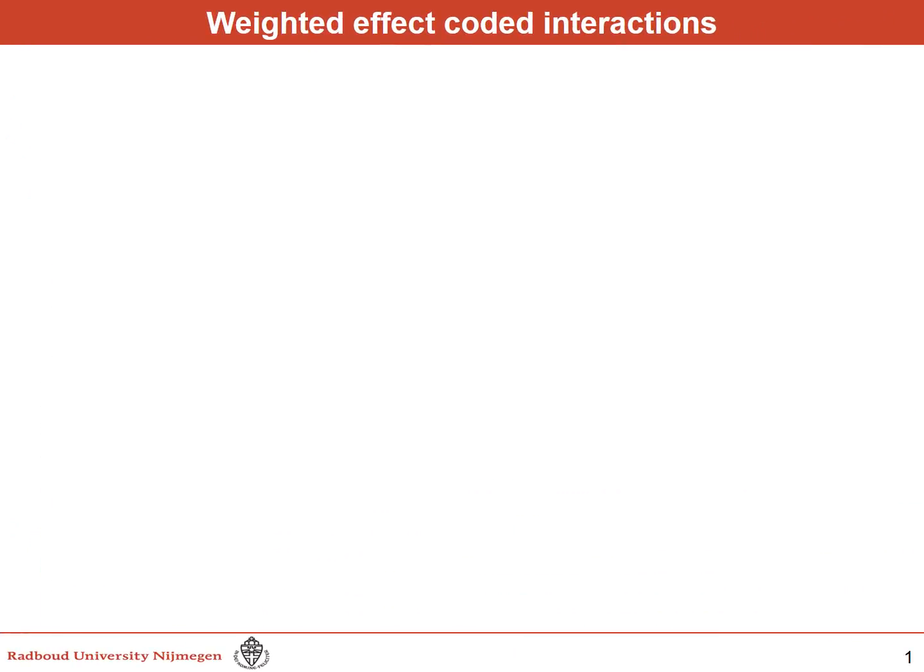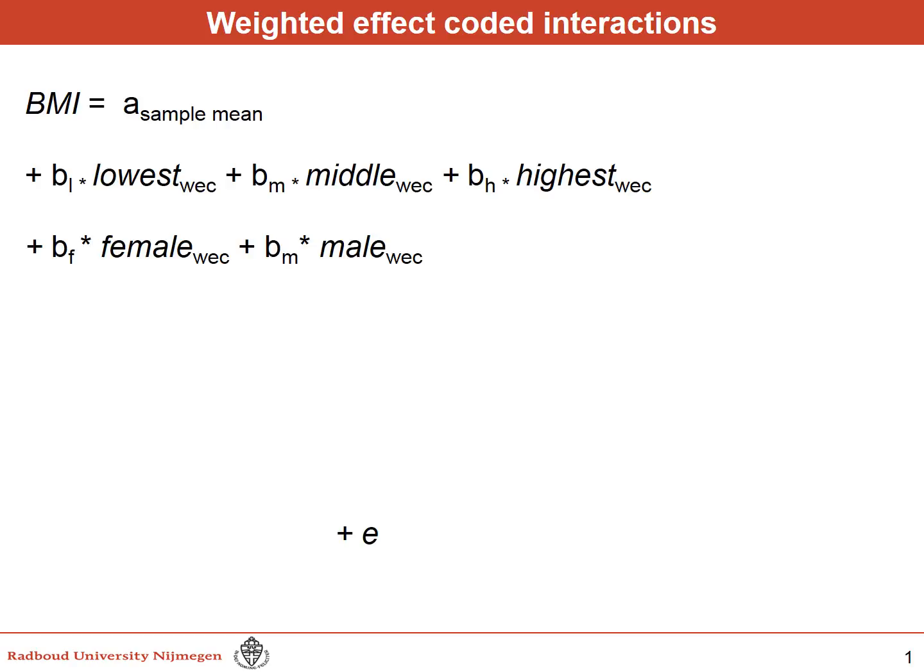Okay, to explain the weighted effect coded interactions, I'll just start with a first order regression model. As you can see, we have body mass index again as the dependent variable. We have over here the intercept, and that is equal to the sample mean because we weighted effect coded the categories for education, and we weighted effect coded the dummies female and male.